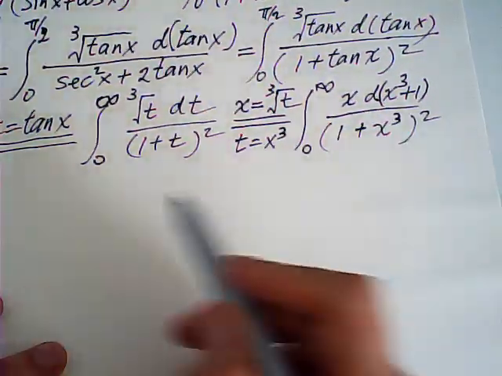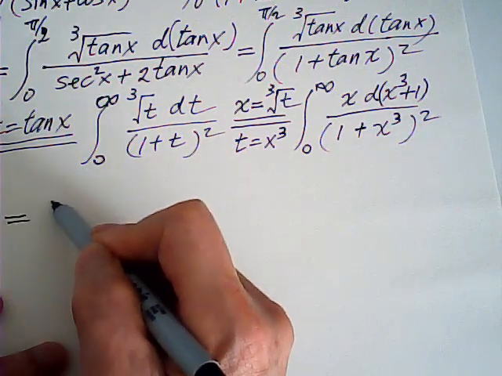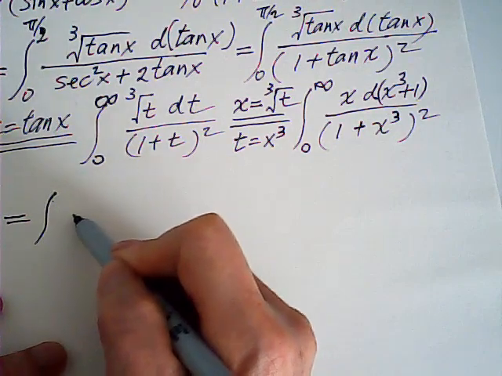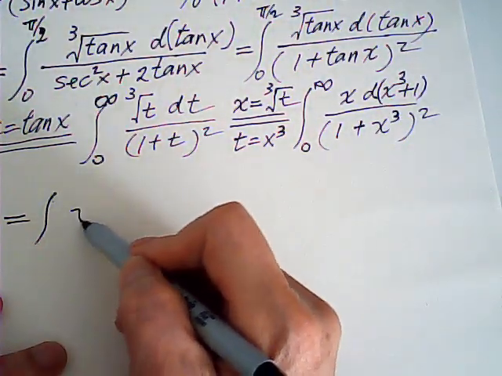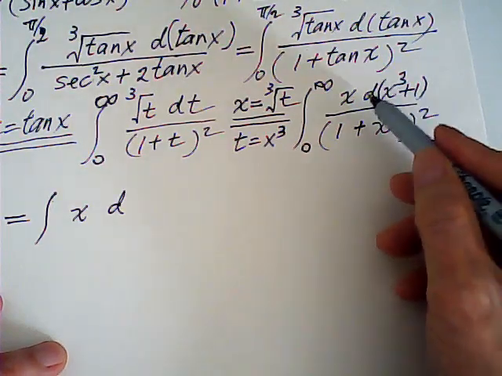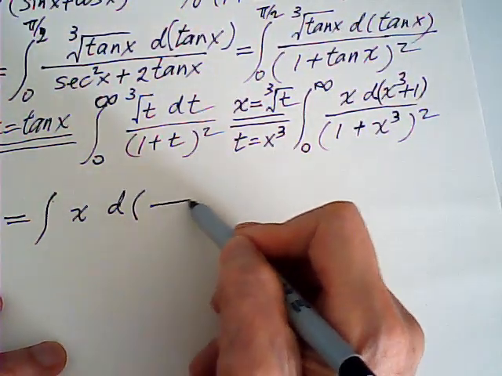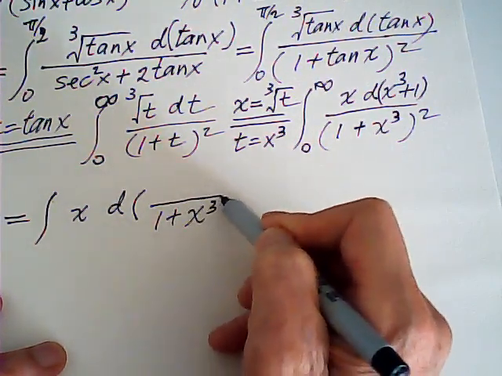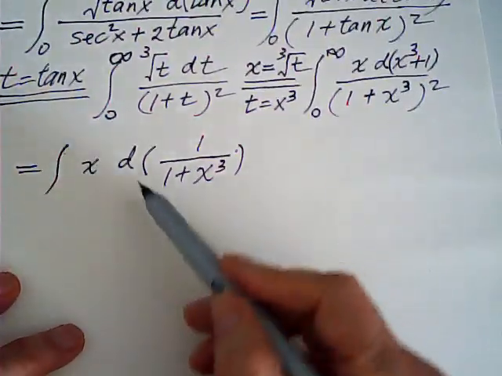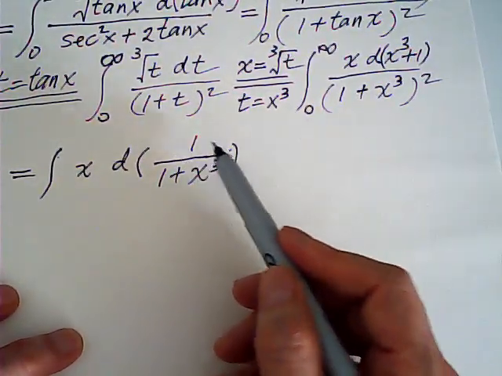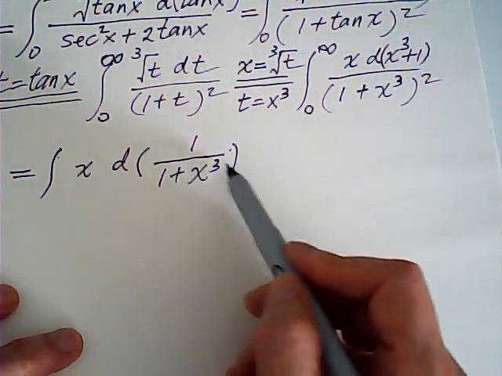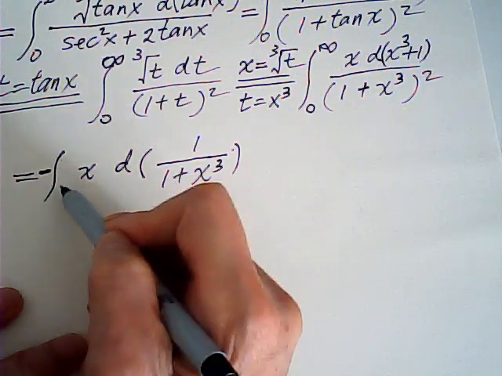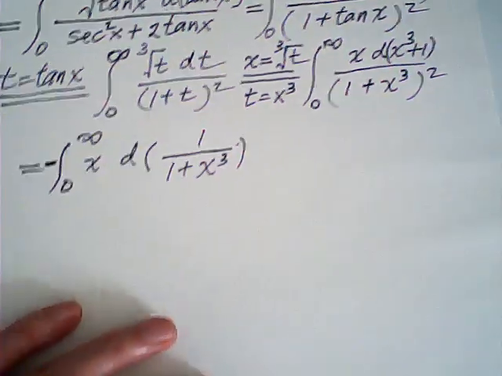Now something good is that I can write this over this as d of 1 plus x cubed. The derivative of this is negative 1 over this square multiplied by this derivative, right? So I need a negative. I put a negative outside. Then it's equal.